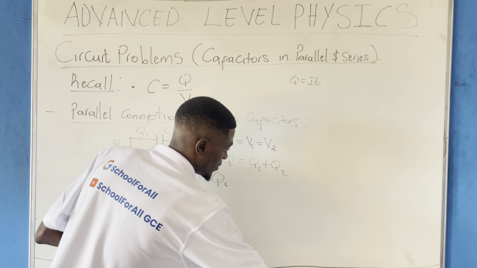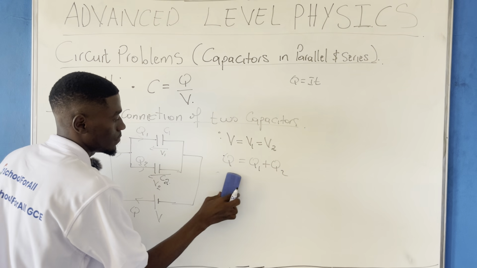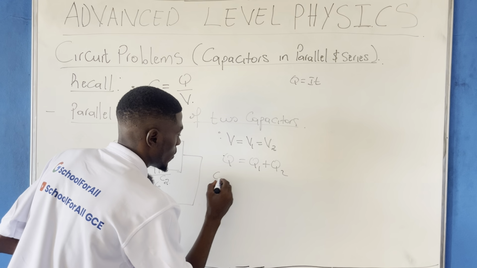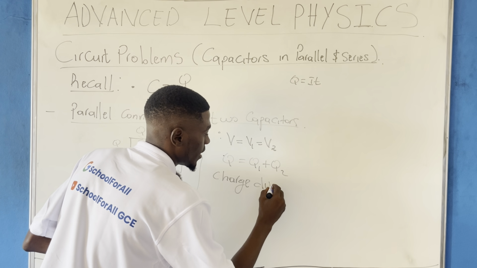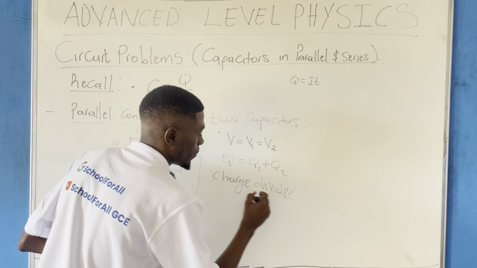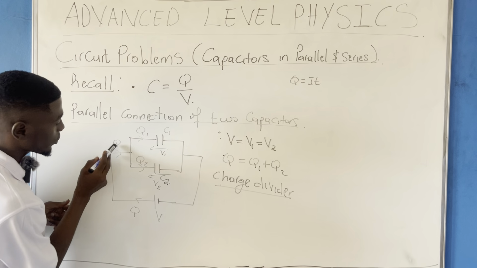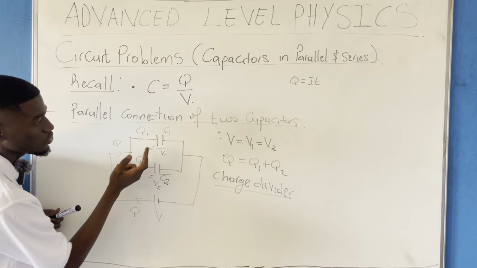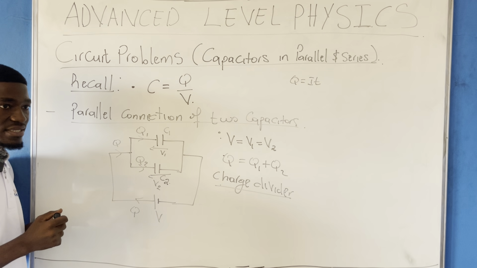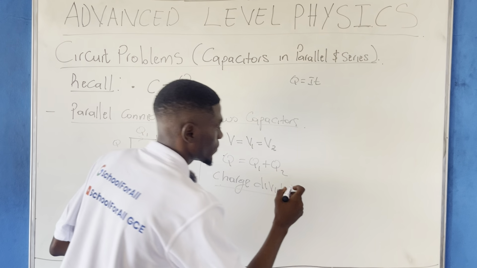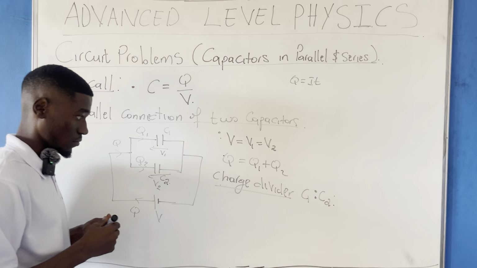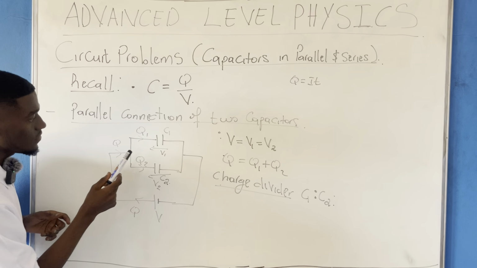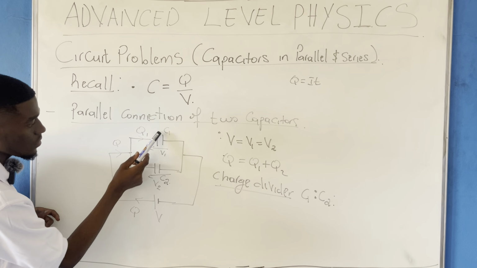Let us apply the charge divider. We see that this charge Q will be divided between C1 and C2 in the ratio C1 is to C2.